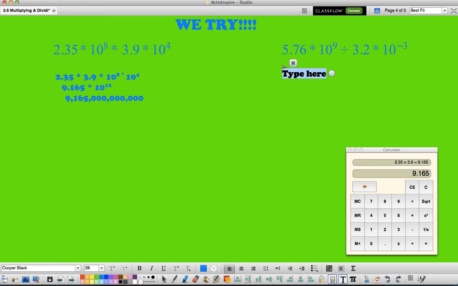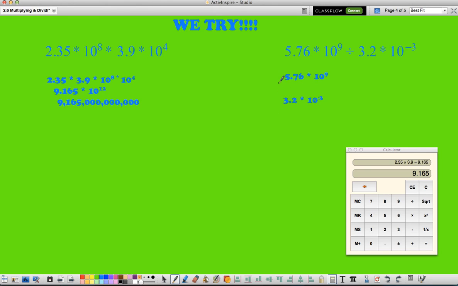All right, again, we're just going to take our numbers and write them in fraction form. So 5 and 76/100 times 10 to the 9th power, and I'm going to put that over 3 and 2/10 times 10 to the negative 3rd power.